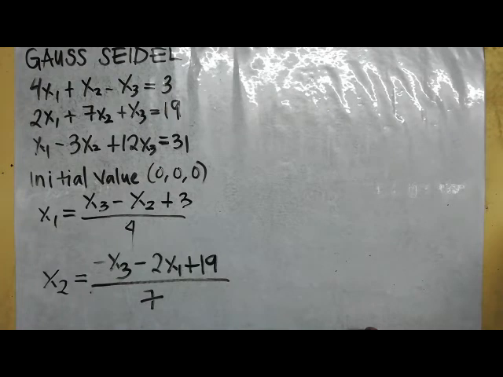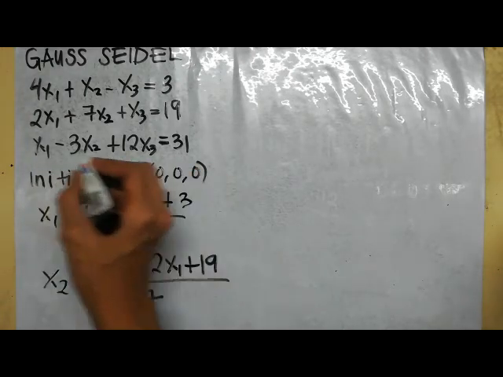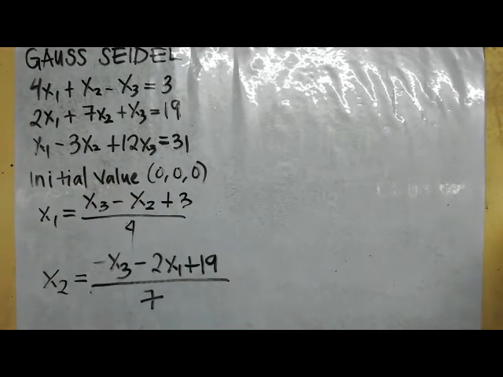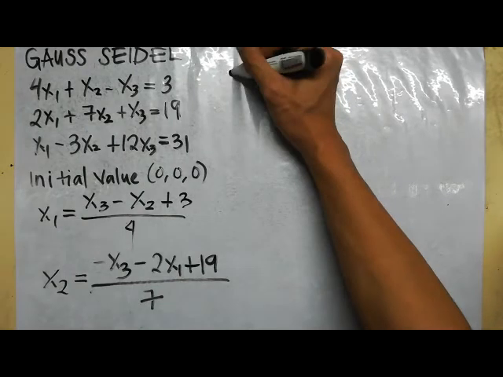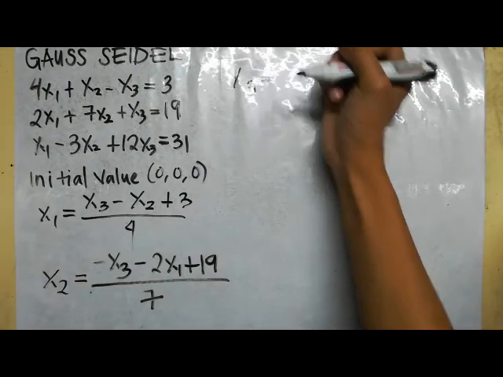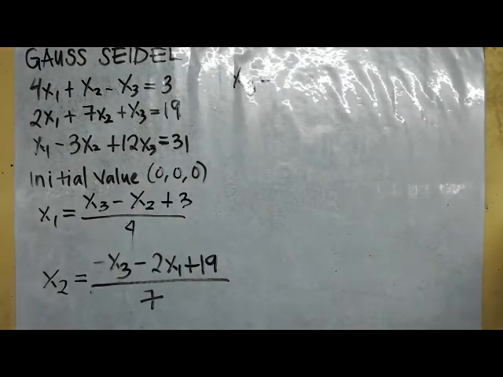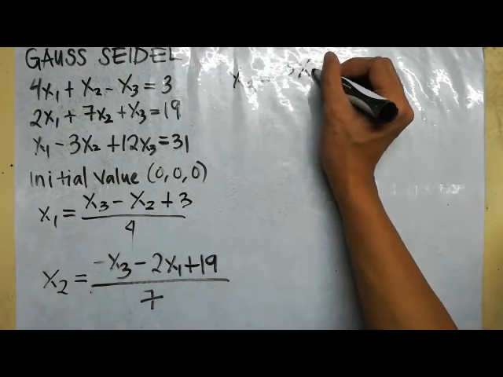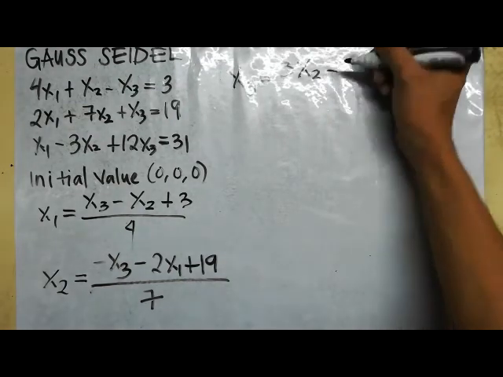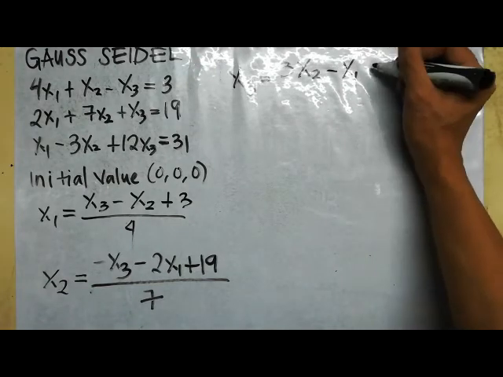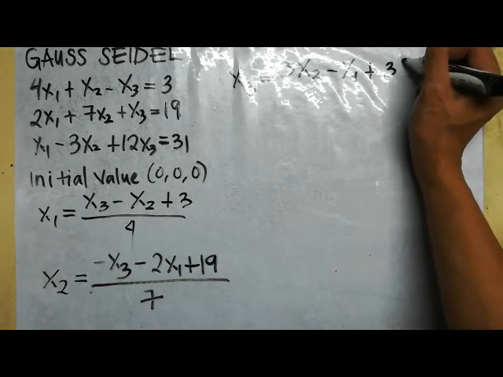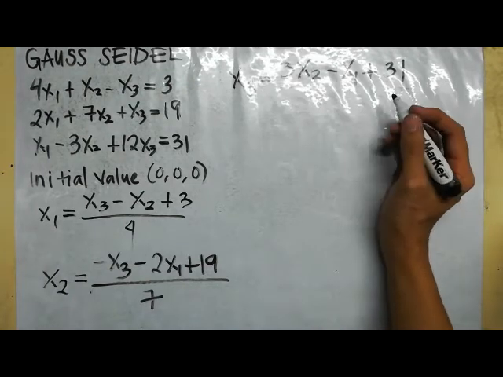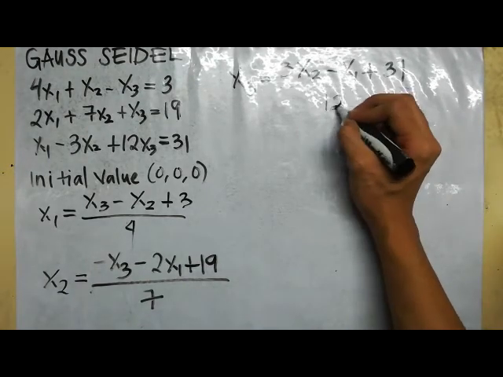Next, we will find the equation for x sub 3 from this equation. So we have x sub 3 equals 3x sub 2 minus x sub 1 plus 31 over 12.